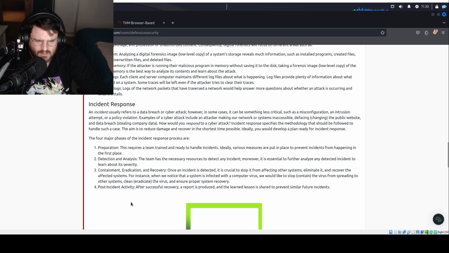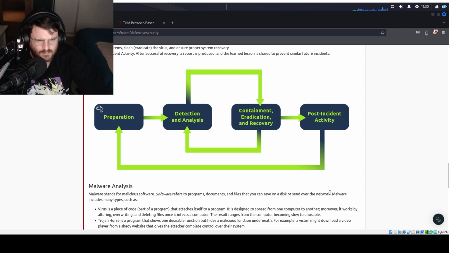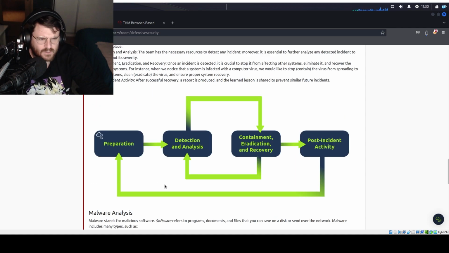Post-incident activity. After successful recovery, a report is produced and the lessons learned are shared to prevent similar future incidents. Pretty cool, right? So here we have a graph.